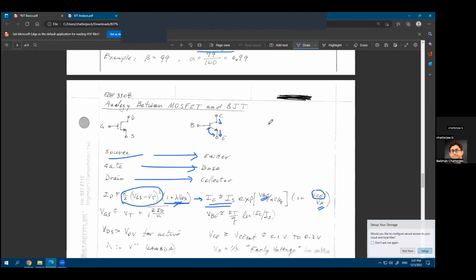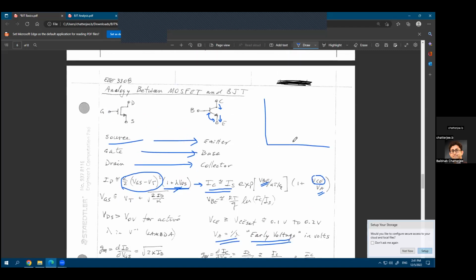And graphically speaking, in your output characteristic, lambda was this slope, right? So how much was the increase in current once you entered the active region? After you have entered the active region, you expect the current to be constant, but it is not constant because of this effect. And the slope of that determined your lambda.